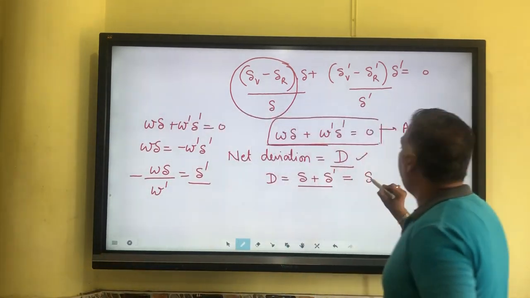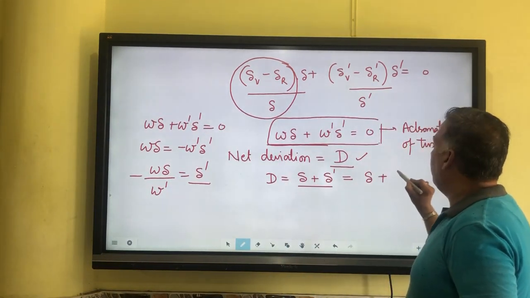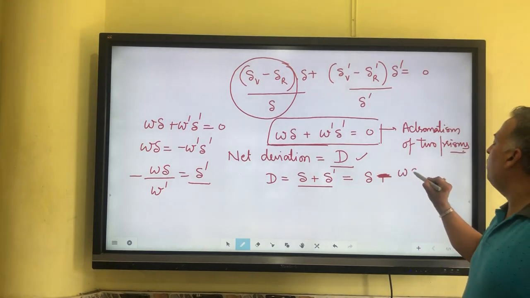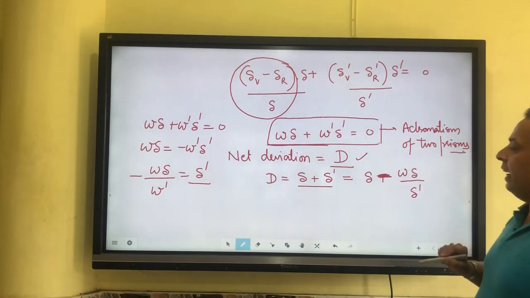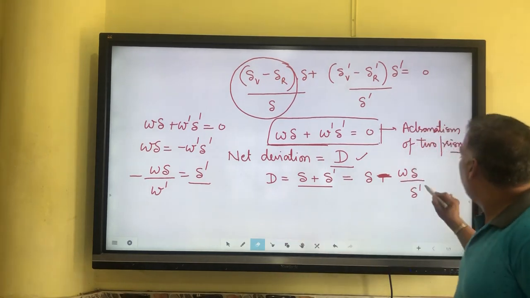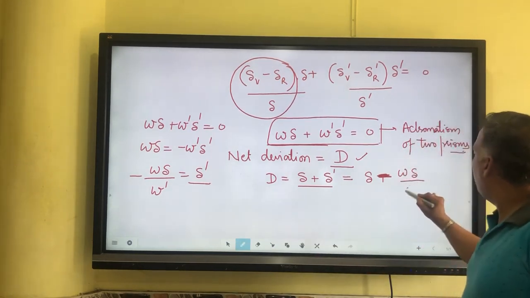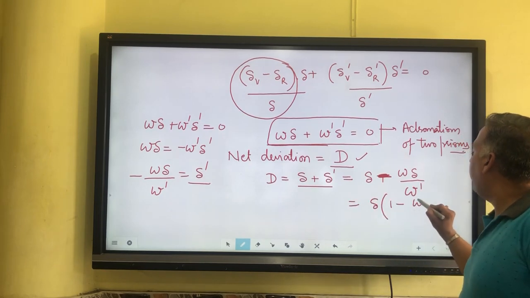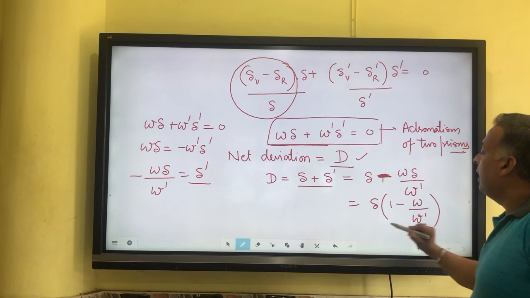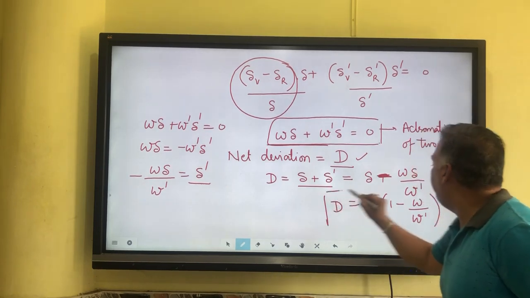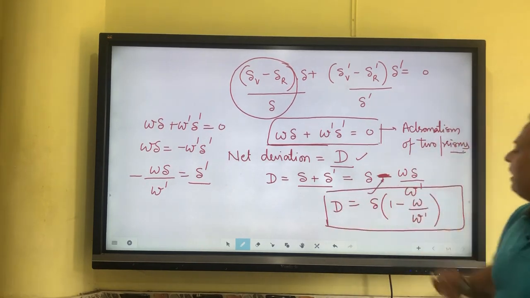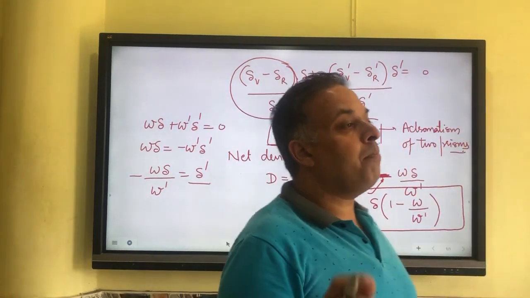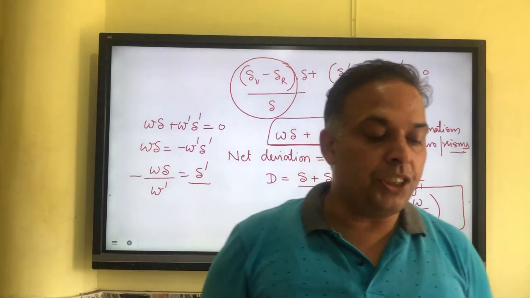So delta dash is minus omega into delta upon omega dash. Taking delta outside, the net deviation is delta into 1 minus omega upon omega dash.